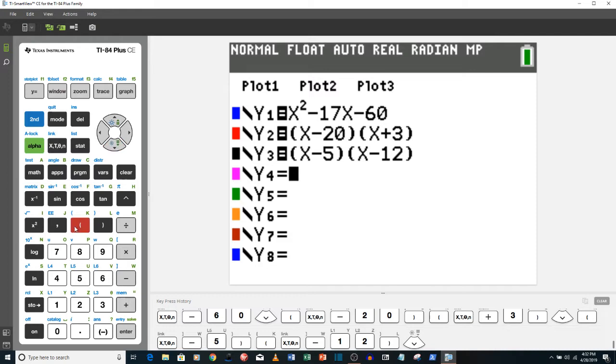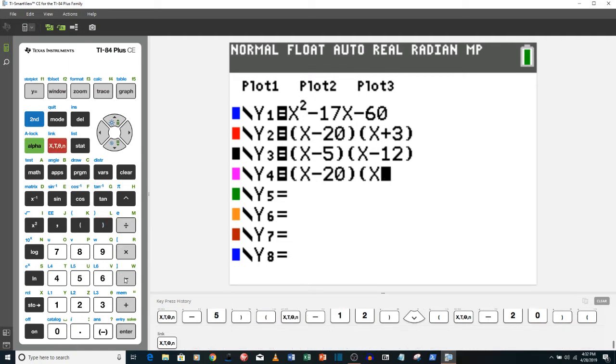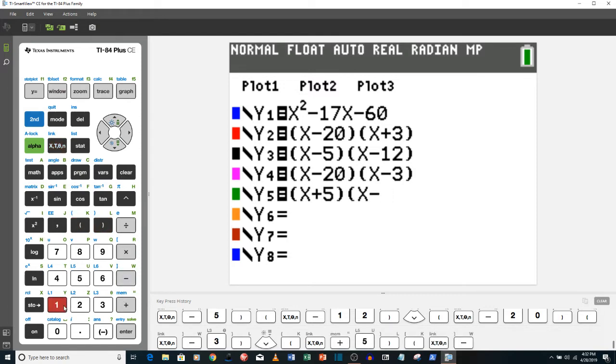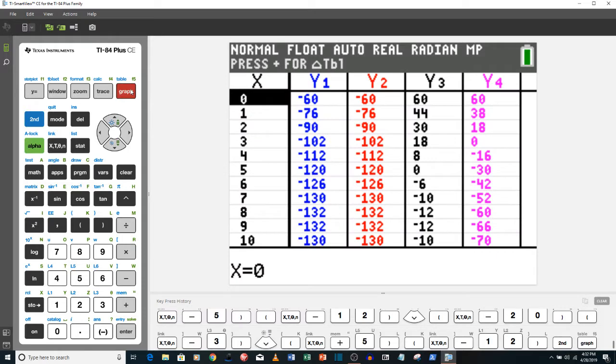Down arrow, open paren, x minus 20, close paren, open paren, x minus 3, close paren, and finally down arrow for answer choice D, open paren, x plus 5, close paren, open paren, x minus 12, close paren. And now we can hit second graph and see the tables.